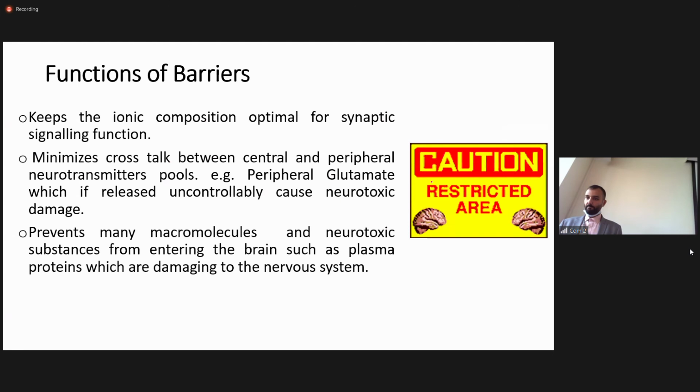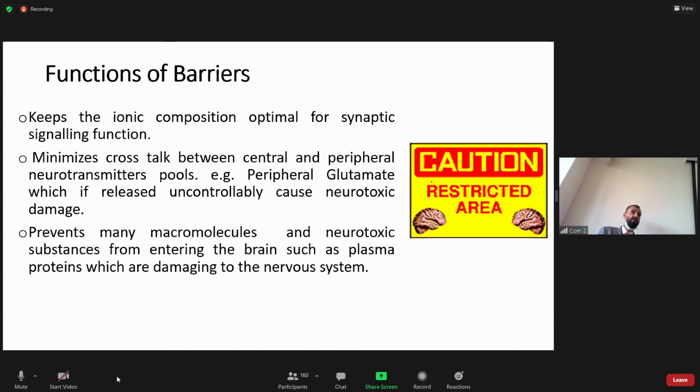So why does the nervous system, or the brain, have to be isolated from the rest of the body? Any idea why? Why should it be isolated? Prevents maybe microorganisms? Very good. Just to prevent microorganisms from having access to the brain. That's one thing. What else? We talked about the excitability of the neurons.